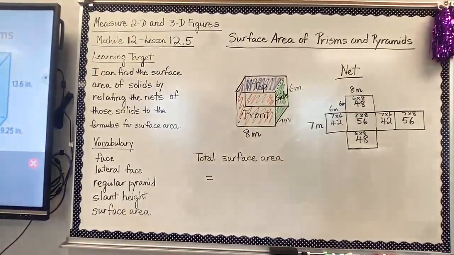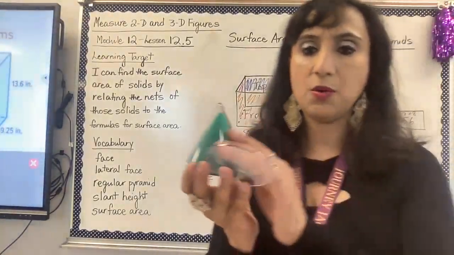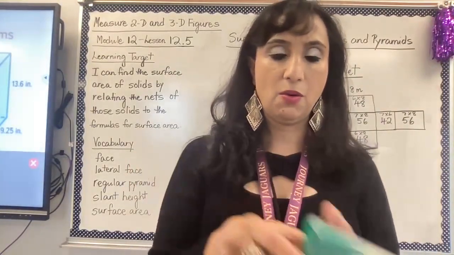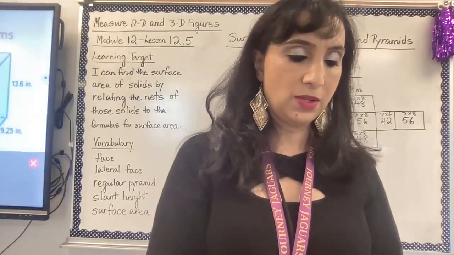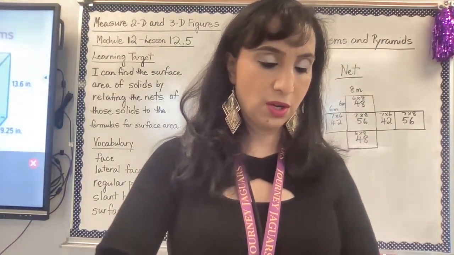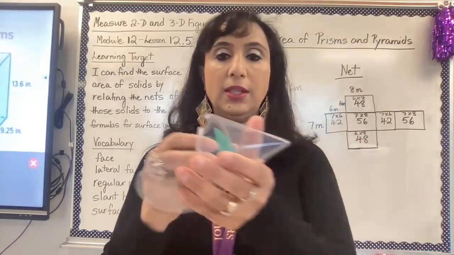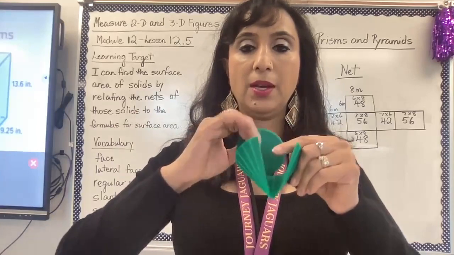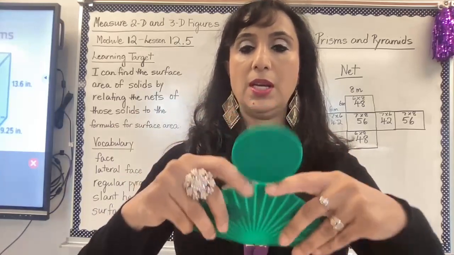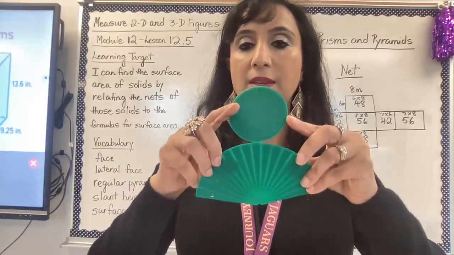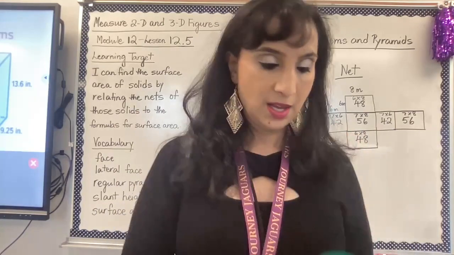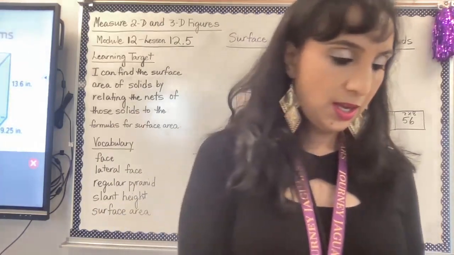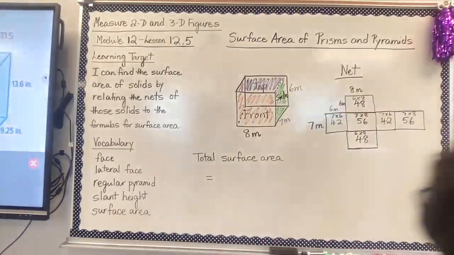If I have a cone, and if I open this up to see what the net of a cone would look like, let's see. So here's a cone. And when I open it, it looks like this. And I'll show you one last one.